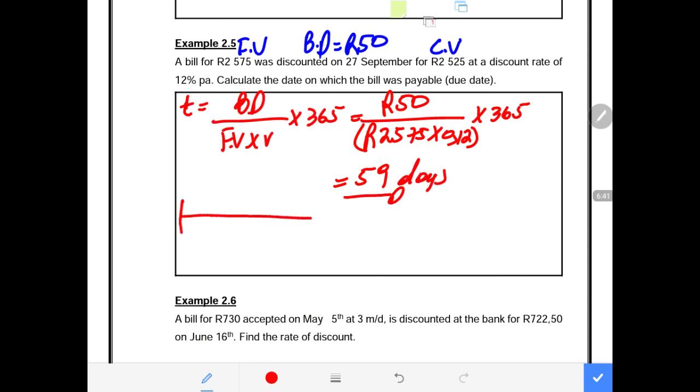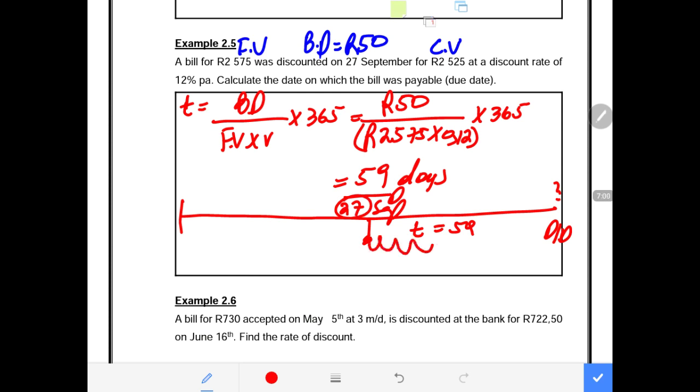It means from the date the bill was discounted, which we know to be the 27th of September, up until the due date which we don't know. But we know that our T is equal to 59 days. So we need to calculate 59 days from the 27th of September.